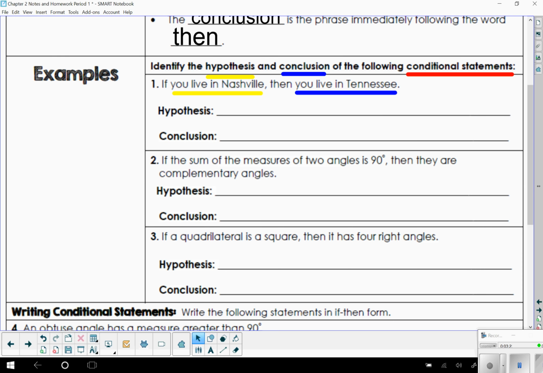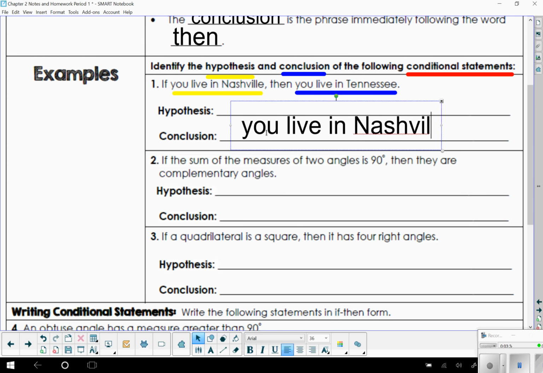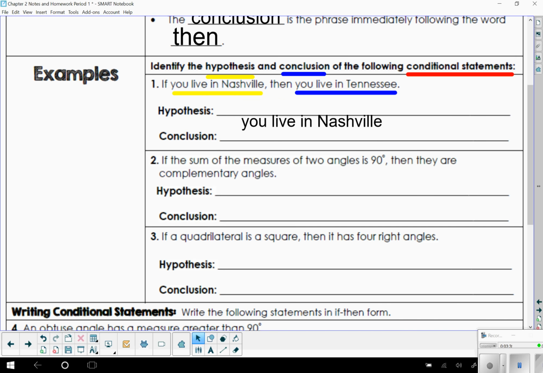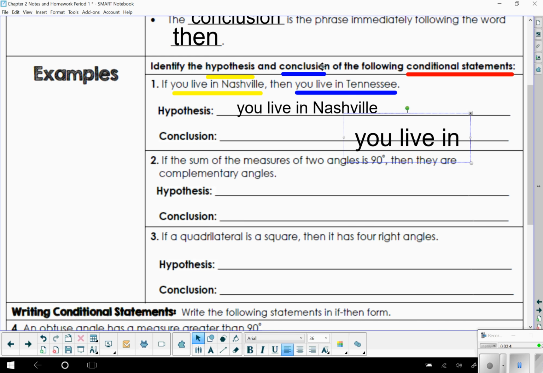So the hypothesis is you live in Nashville. The conclusion is you live in Tennessee.